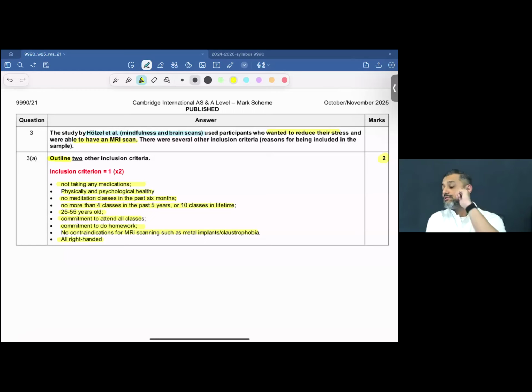Now, these were the inclusion criteria that the participants had. This was the inclusion criteria that was used when the researchers were recruiting participants for this research. Now, I would want to remind you all, these marking schemes that you have give you enough information. If I talk about this particular question in front of me, it is just in case there's a possibility you might be knowing only two of them.